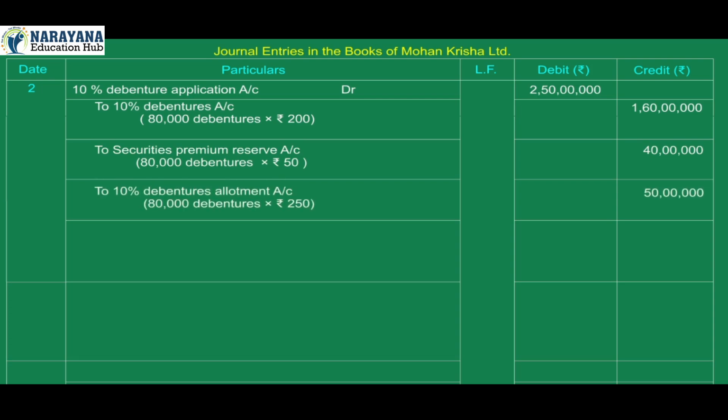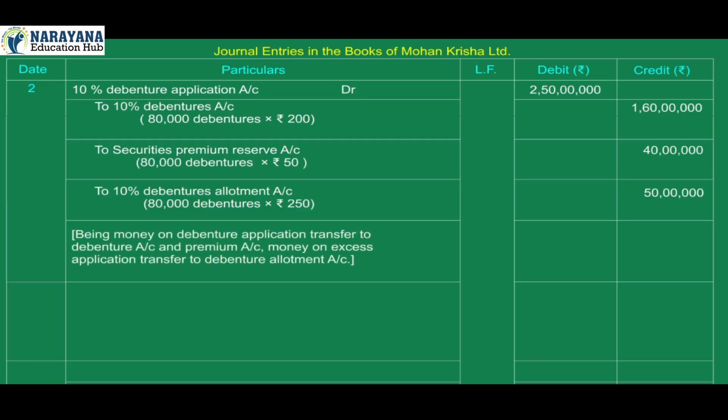to 10% debenture allotment account credit 50 lakh, 80,000 debentures into Rs 250. Being money on debenture application transferred to debenture account and premium account. Money on excess application transferred to debenture allotment account. 3. 10% debentures allotment account debit 2 crore 40 lakh to 10% debenture account credit 2 crore 40 lakh.